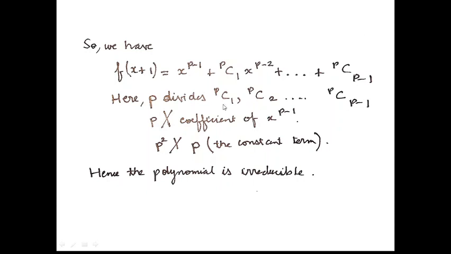So p divides all of a_(n-1), a_(n-2) up to a_0, and p does not divide a_n, since the coefficient of x^(p-1) is 1. Also p squared does not divide the constant term p, because the constant is p itself. Hence Eisenstein's criterion is met, and hence the polynomial is irreducible.